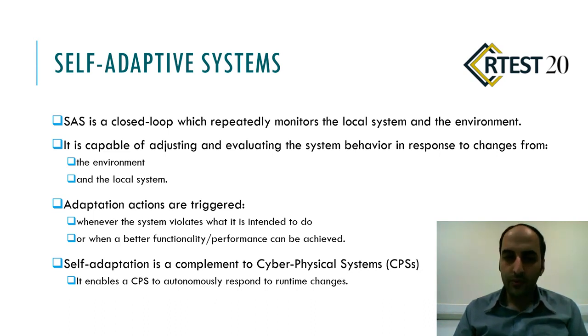In response to those changes, the system issues adaptation actions when the system violates what it is intended to do or a better performance is available. Self-adaptation equips the CPS with resiliency to runtime changes.